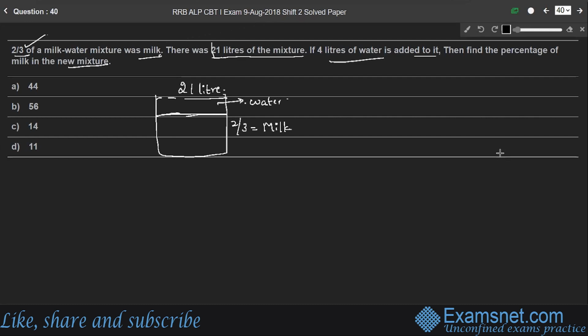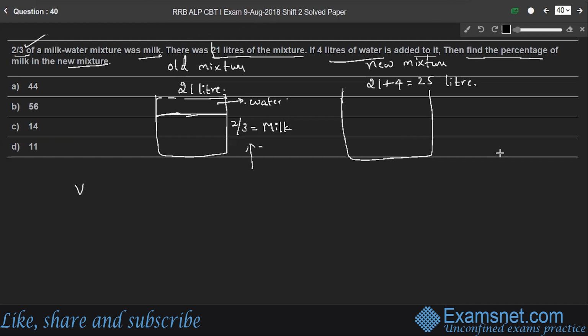right? If 4 liters of water is added to this, we'll consider the new mixture. So its volume becomes 21 plus 4 liters, right? Which is 25 liters. In which we find the percentage of milk in the new mixture, right? For that, we have to find the volume of milk in the old mixture, right? So we'll consider the old mixture, volume of milk is equal to 2/3 of the whole mixture, right?